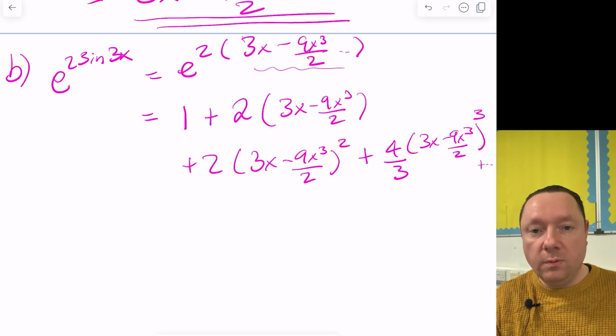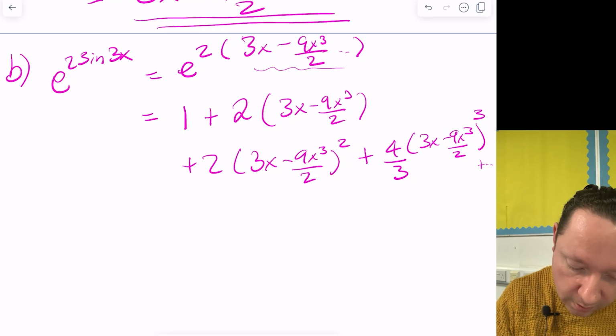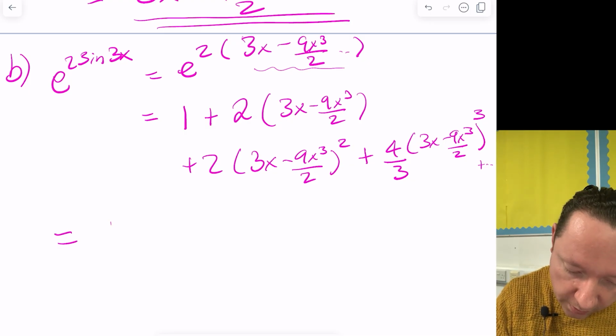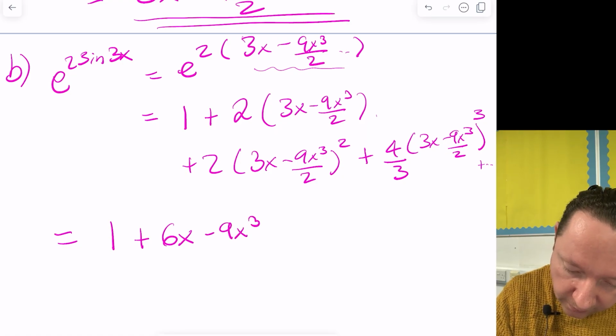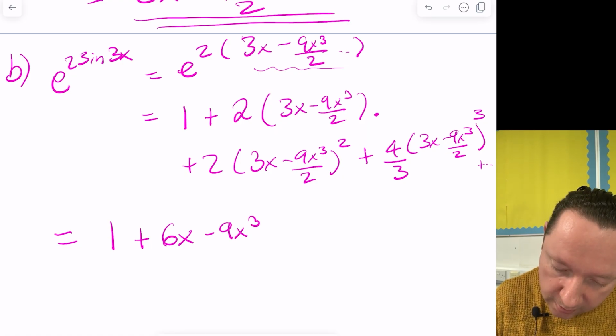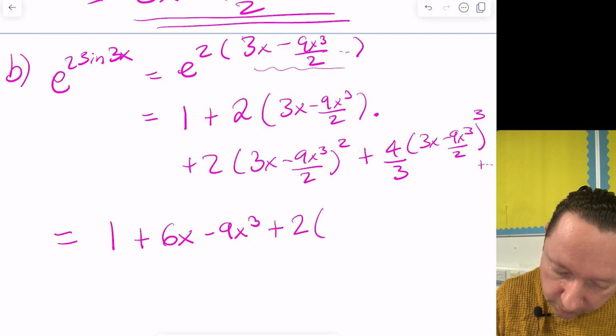Now remember, you only need to go up to x cubed, so you can ignore a lot of them. So that gives me 1 plus 6x. The 2s cancel, so minus 9x cubed. So I've done that line. Next line, 3x times 3x is 9x squared.